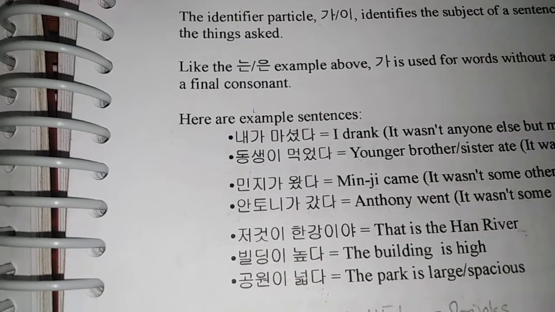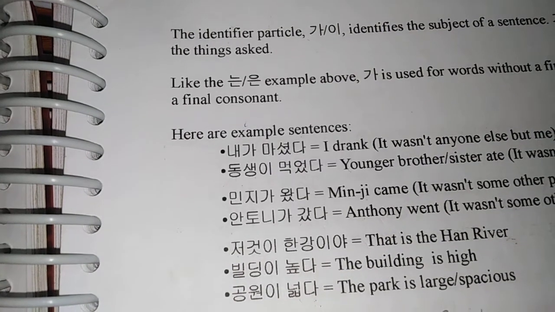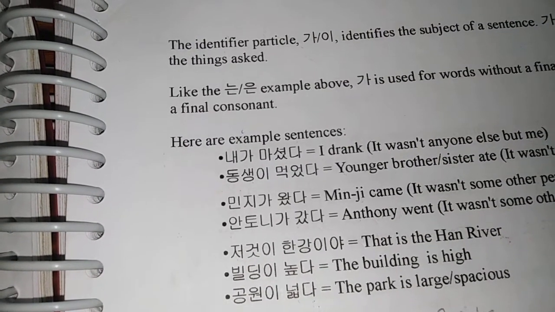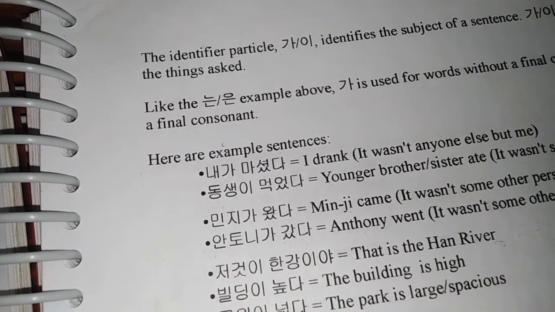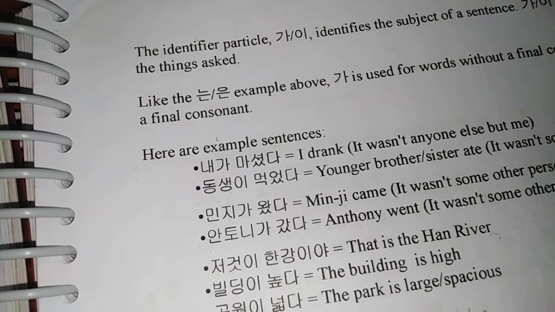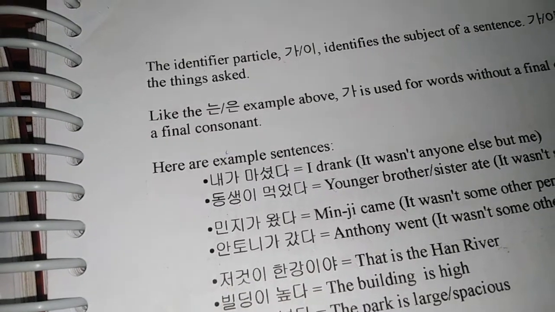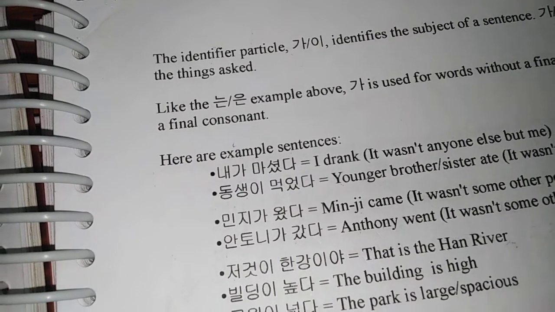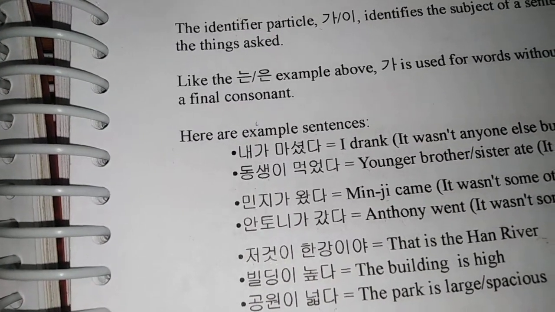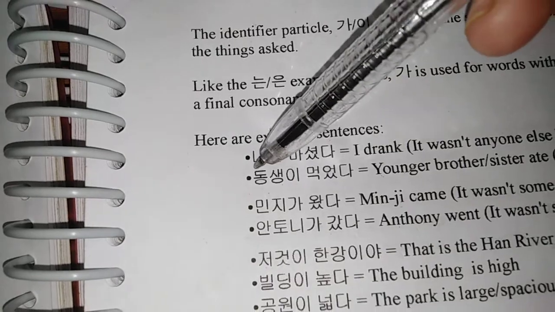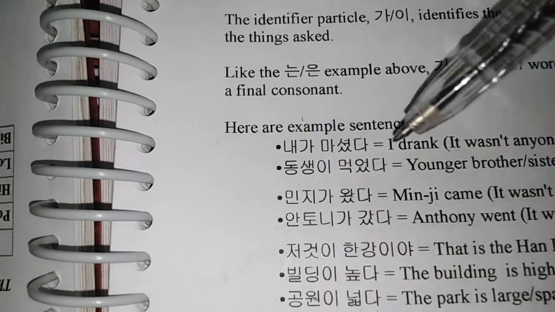Suppose somebody is asking who drank the juice in the refrigerator. So if you are the one who drank and there's also your younger sibling at home, you would answer that I was the one who drank it. In such a scenario, you would say 내가 마셨다. And when you see here, 내가, here 내 does not have a batchim. But the next one, if you see, 동생이 먹었다.